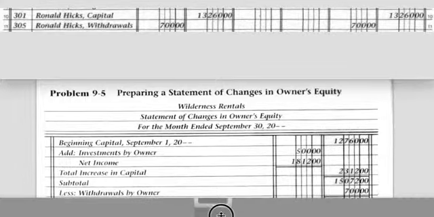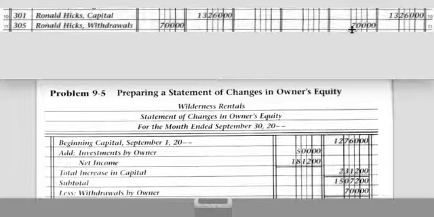On the next section, we have to list anything that hurt capital during the month. The owner did take money out. He withdrew money. So you're going to write less, colon, and write withdrawals by owner. Then you go to your worksheet and look for the account Ronald Hicks withdrawals, and the balance was $700.